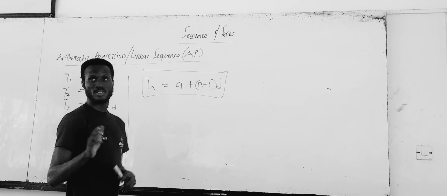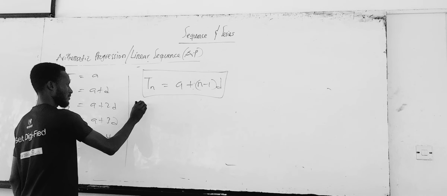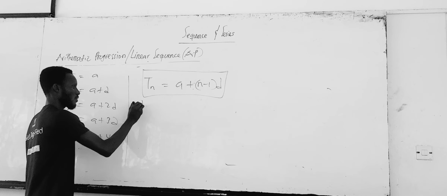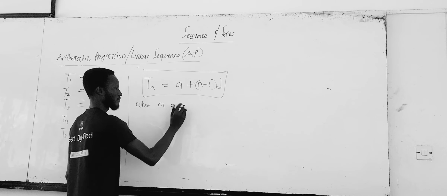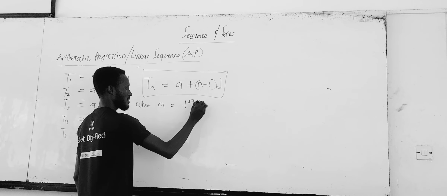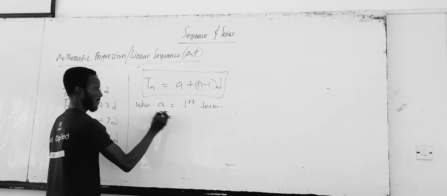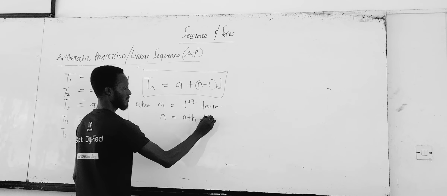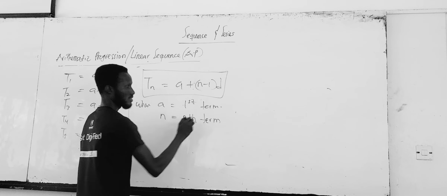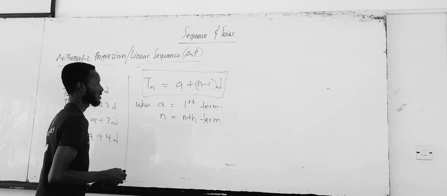Now, let's look at something. Let me define it. A is the first term. N is the nth term. So n can be 4, it can be 5, it can be 6, it can be any other number.